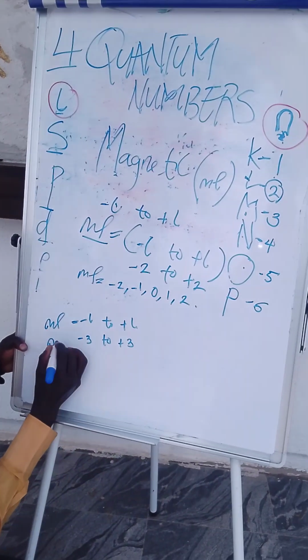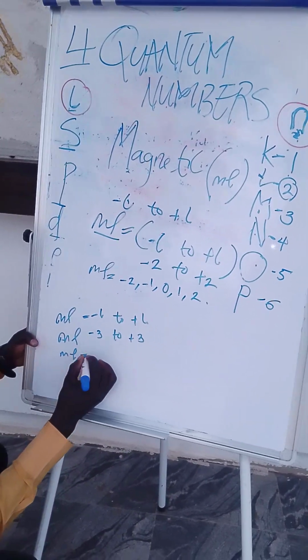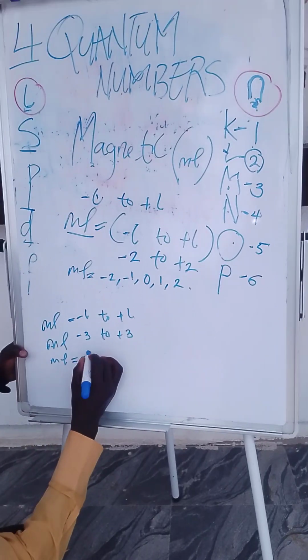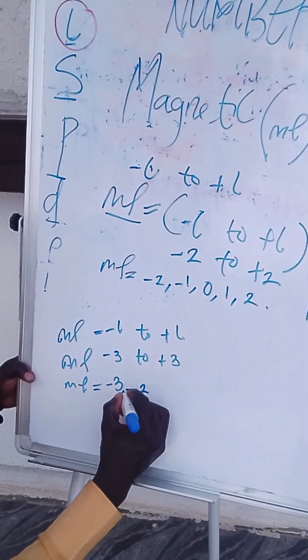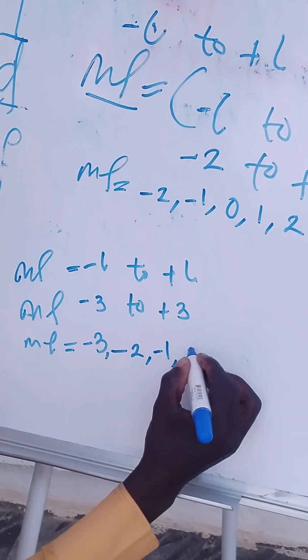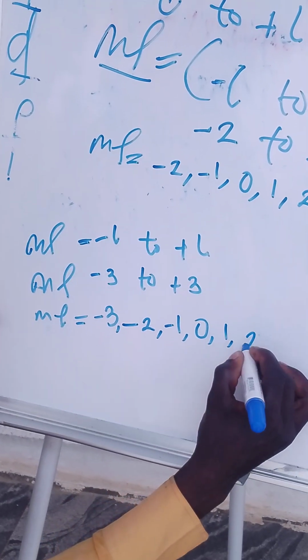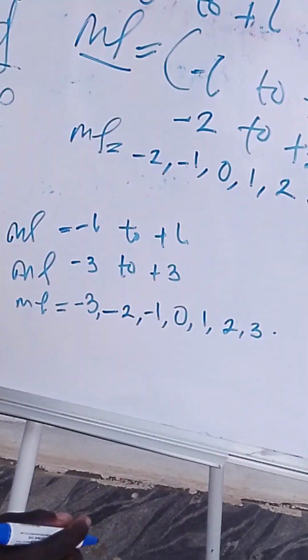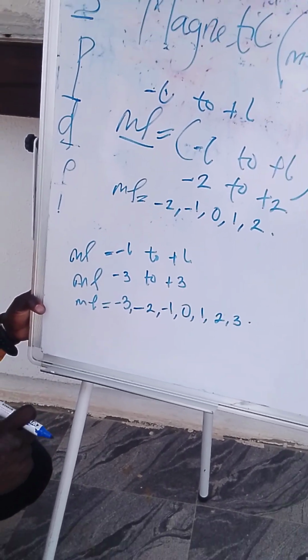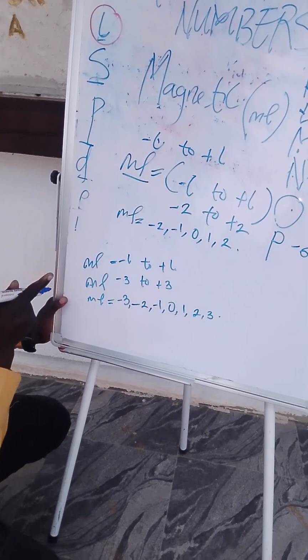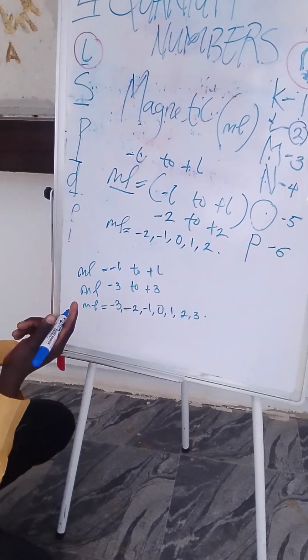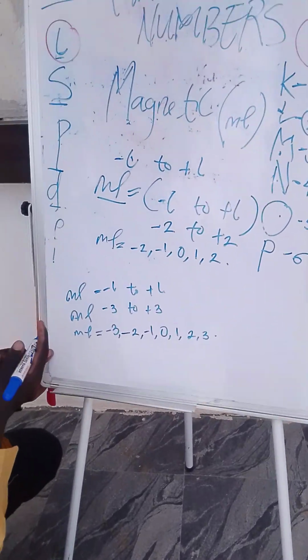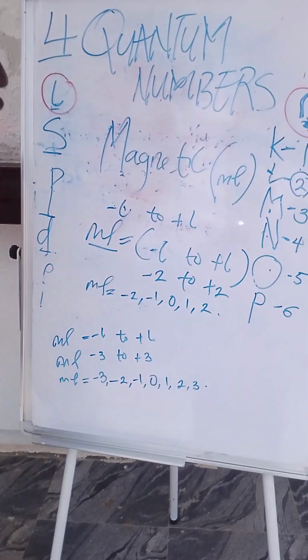Meaning our magnetic is ranging from minus 3, minus 2, then minus 1, then 0, 1, then 2, and 3. When we get into the calculation aspect, that's when we would use all of this. That's the magnetic. Then we have our spin.